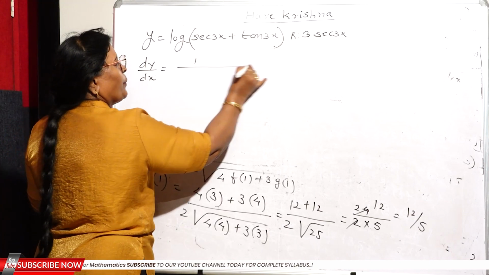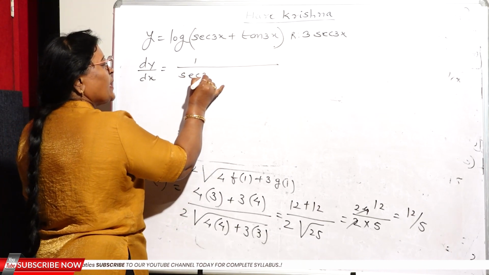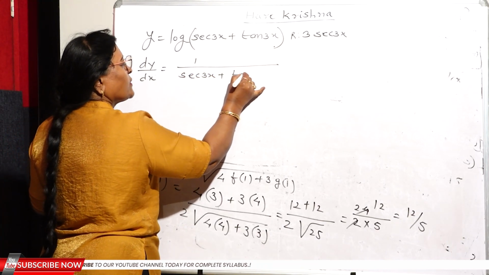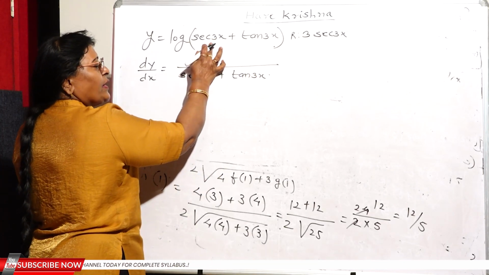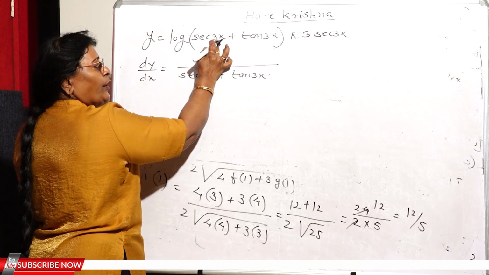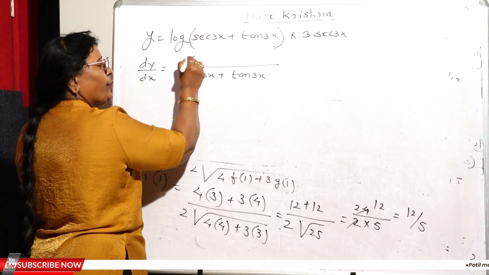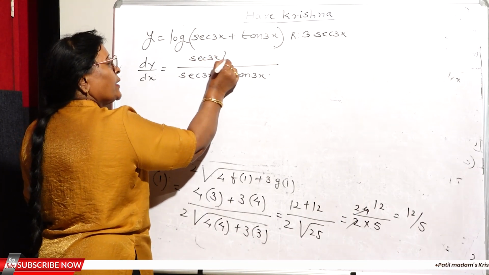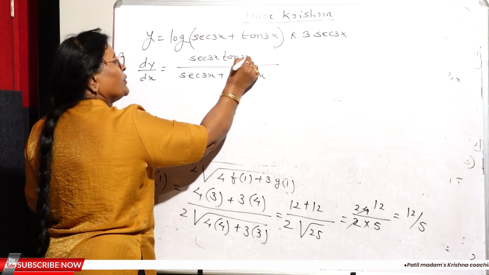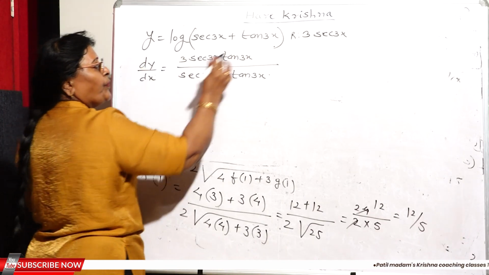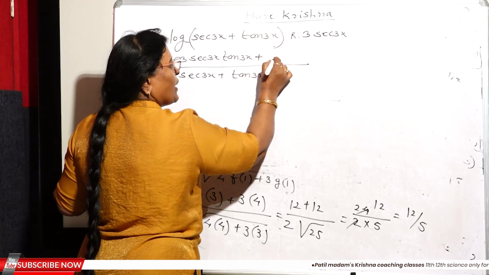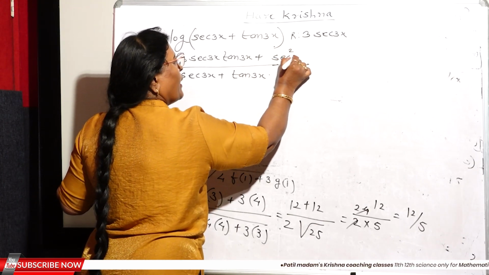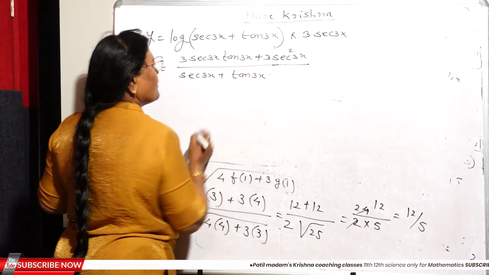Log u's derivative is 1 by u, means 1 upon sec 3x plus tan 3x. Again d dx of sec 3x. What is the derivative of sec 3x? Here you have to substitute u. Sec u's derivative is sec u tan u, so sec 3x tan 3x, and the derivative of 3x is 3. Tan u's derivative is sec square u, so sec square 3x, and again the derivative of 3x is 3.